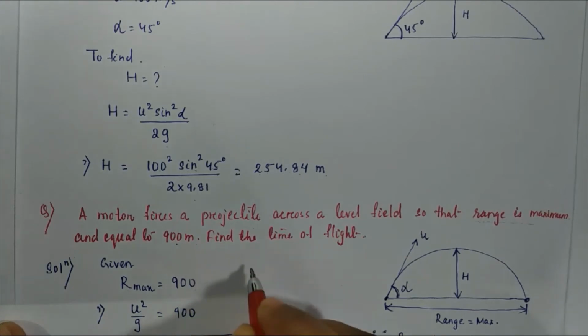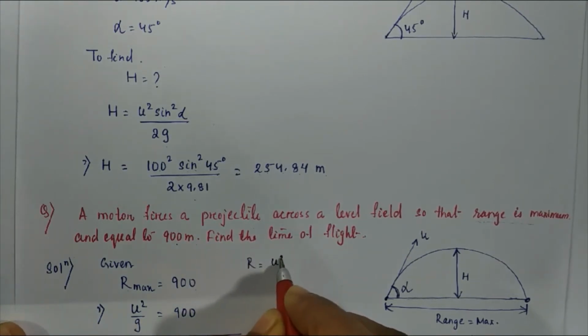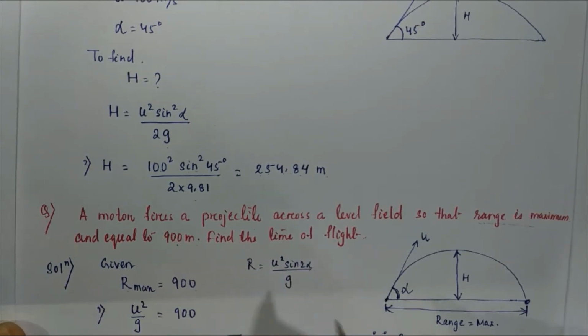So if we consider alpha to be 45 degrees, R is equal to u square sin 2 alpha by g. For the maximum case, the angle alpha is equal to 45 degrees, so sin 2 alpha is equal to 1. It means R maximum is equal to u square by g, and this u square by g is equal to 900.